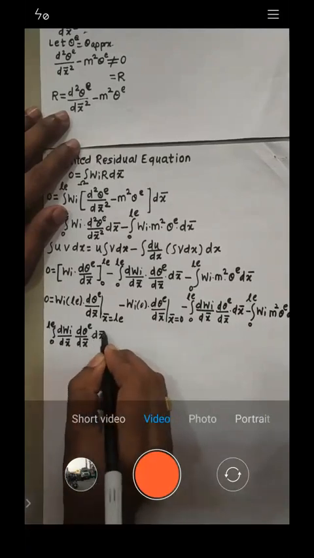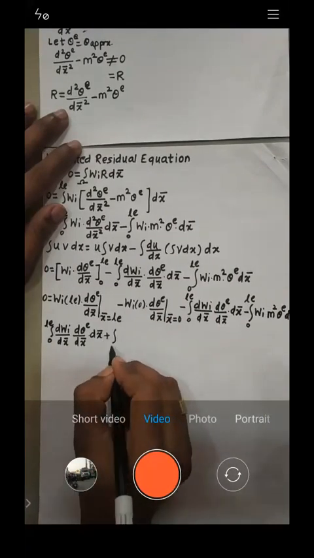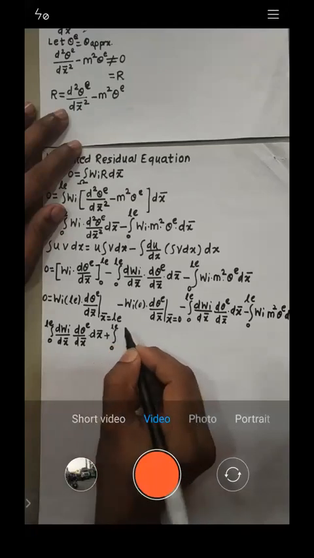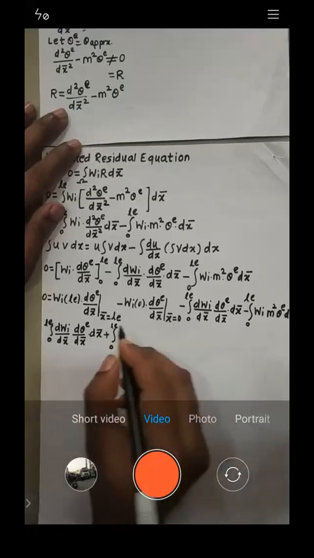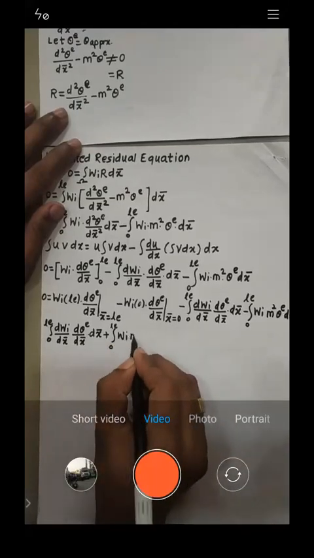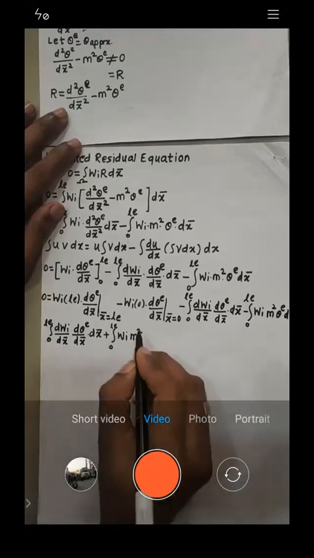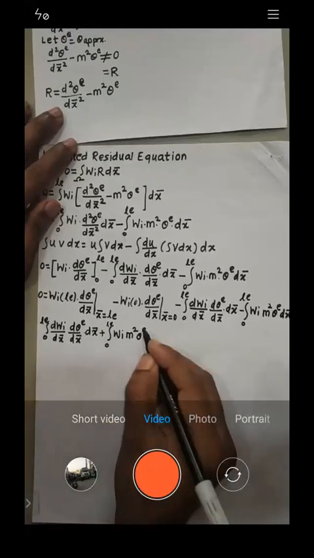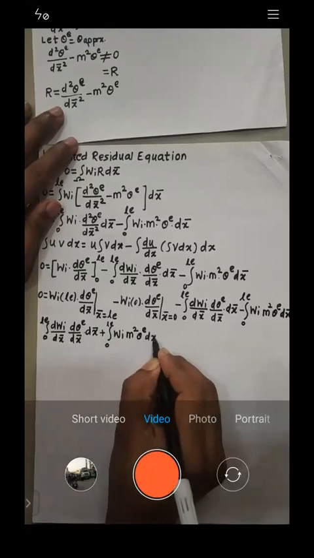This is again minus, so it becomes plus, right? 0 to LE wi m square theta e dx bar. Is it okay?